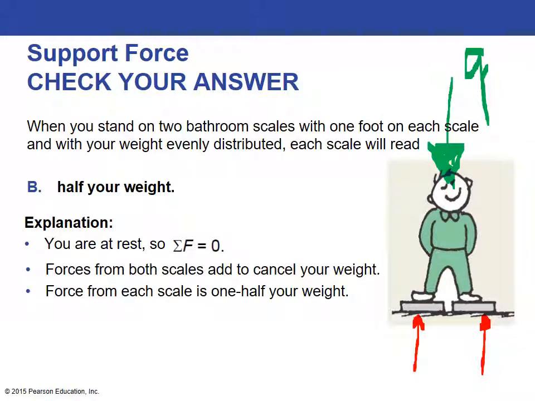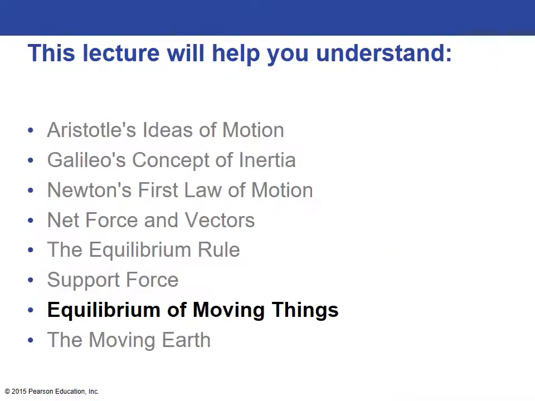You're at rest. Your force down has to be canceled by your force up, so each one is 1/2 your weight. Something to think about: what happens if you shift to the left or the right? What are those scales going to look like? And that's an example we'll play with in class.